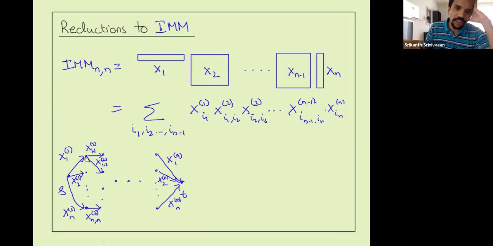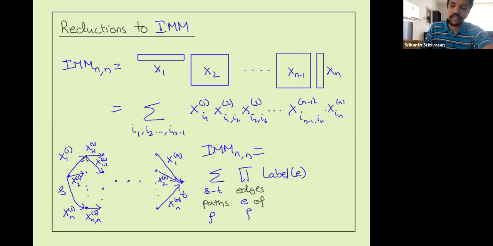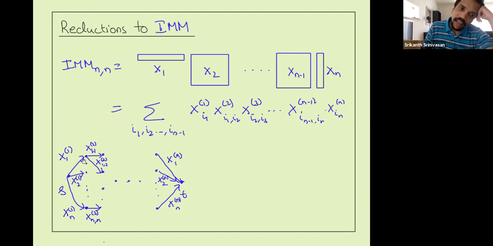For instance, starting from the vertex S, the first layer just after S has n vertices, which corresponds to the choices for I1, the column index in the first matrix. There are n values, 1 through n, and each corresponds to taking one of these variables, x11, x21, x31, etc. I put an edge between the source vertex S and each of these vertices, and I label each edge by the variable that the corresponding choice gives me.